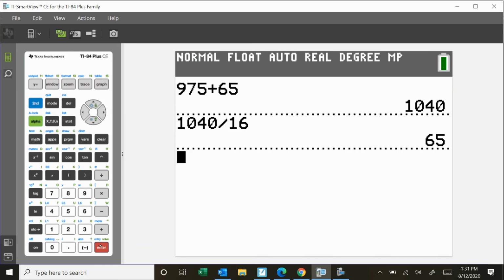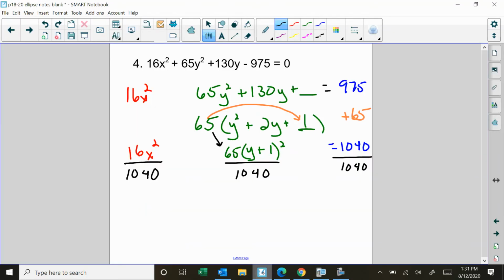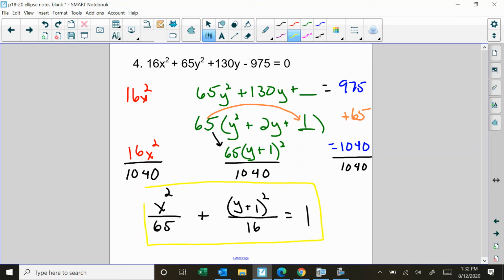So we are finalizing this problem. x squared divided by 65 plus y plus 1 squared over 16 equals 1, and that is the standard form of that equation.